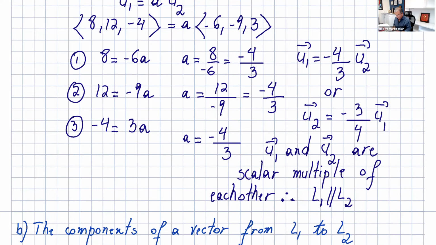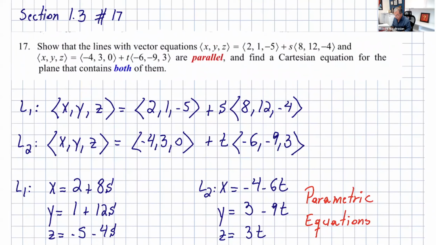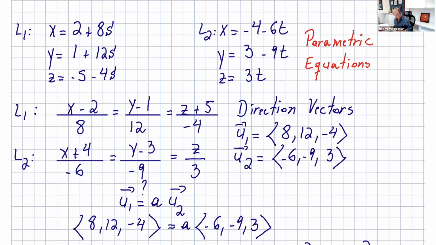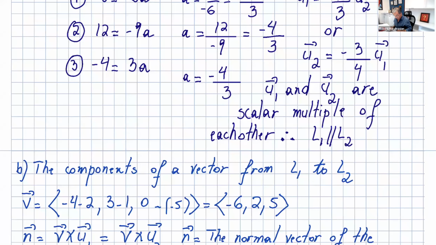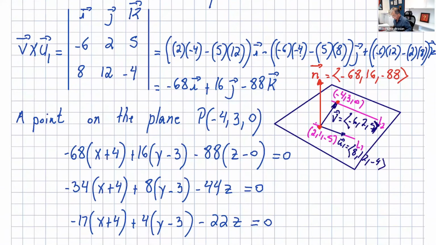Now, part 2 of the problem, let's double check. It says, find the Cartesian equation for the plane that contains both of them. There are several ways to do that, but I just picked the way I did it. If we try to graph it, we have a plane, and we want to find the equation of this plane.